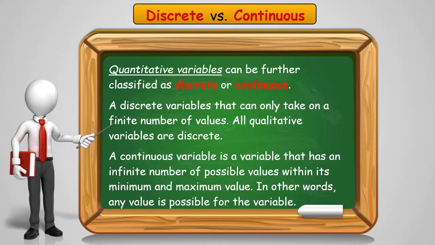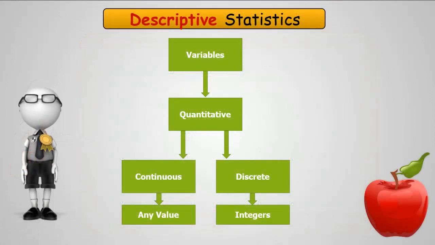In other words, any possible value is available for that variable. Another way of looking at it: continuous would be any value, generally with numbers to the right of the decimal, whereas a discrete value would generally support just integers, a predefined set of values.